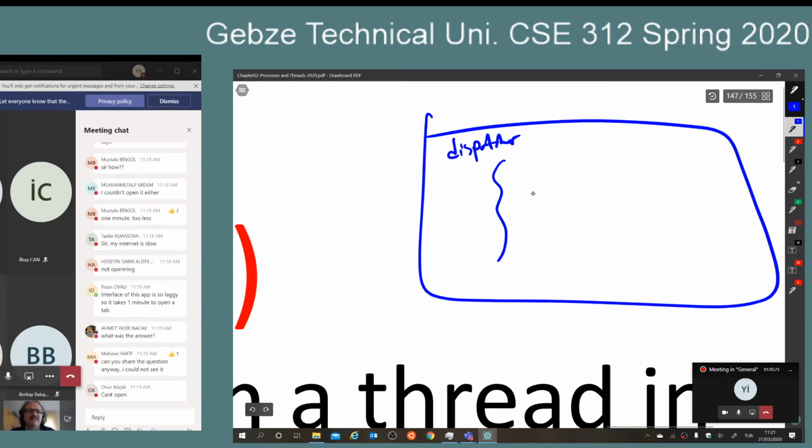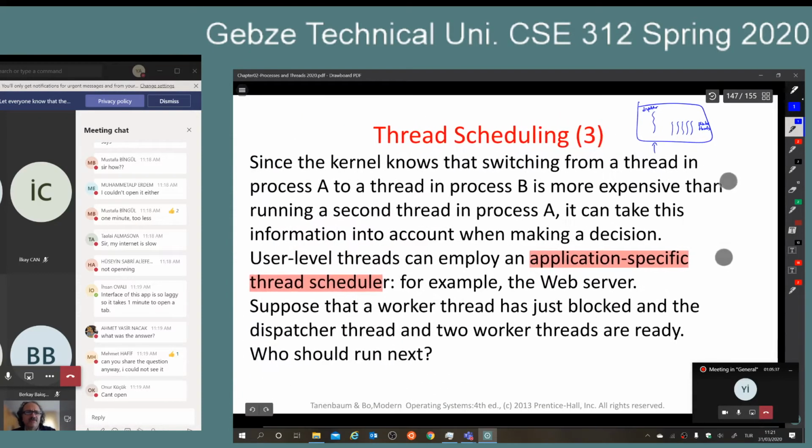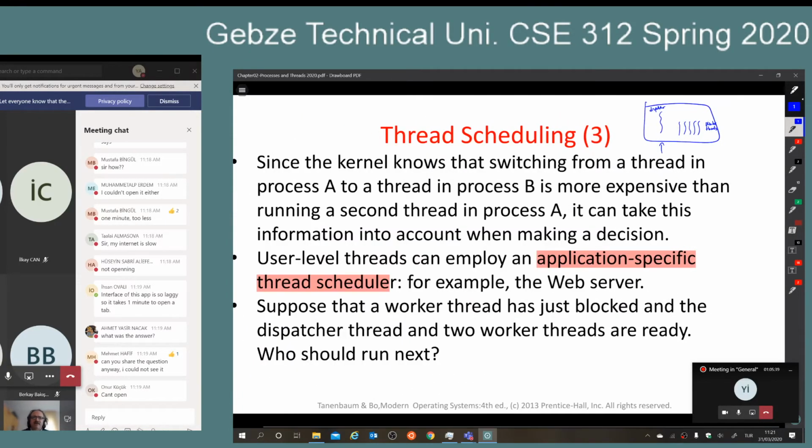This dispatcher thread gets the jobs from the network, and it has a bunch of worker threads. So the question is this. Suppose that a worker thread has just blocked and the dispatcher thread and two worker threads are ready. Who should run next?